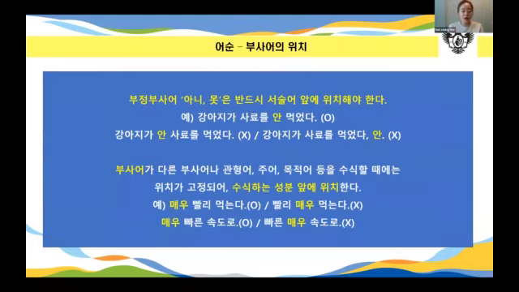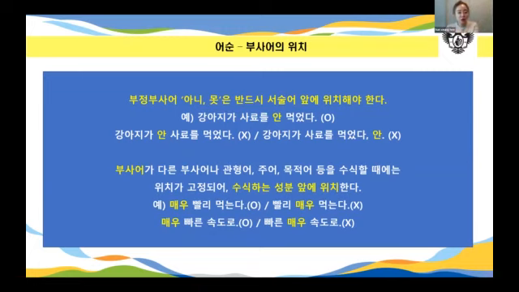Okay, there's something you need to be careful about. What it is, the negative adverbs 아니, 못, which make the negative sentence, must be placed before the predicate. Let's look at the examples. 강아지가 사료를 안 먹었다.